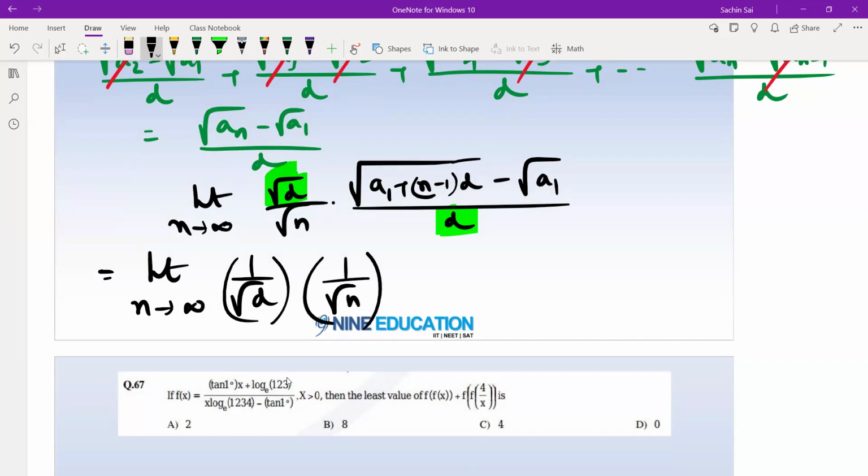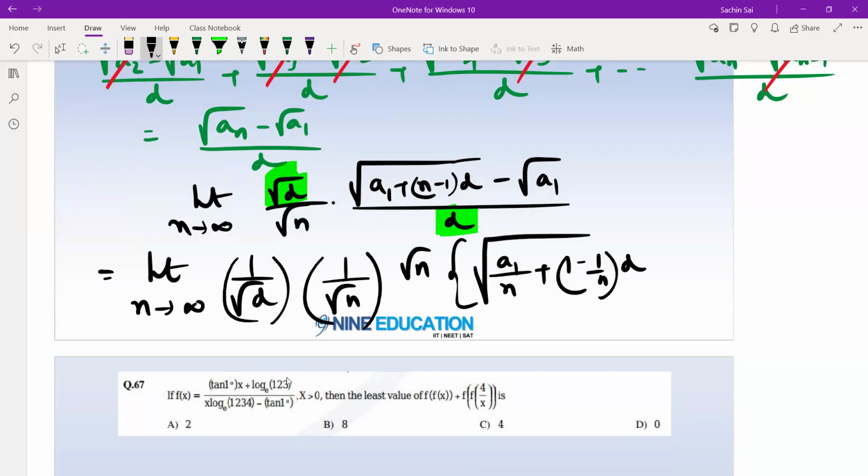And if I want to take n common from these two terms in the numerator, I will get root n times root over a1 by n plus 1 minus 1 by n times d, minus root over a1 by n, right? So I can cancel this root n and this root n.